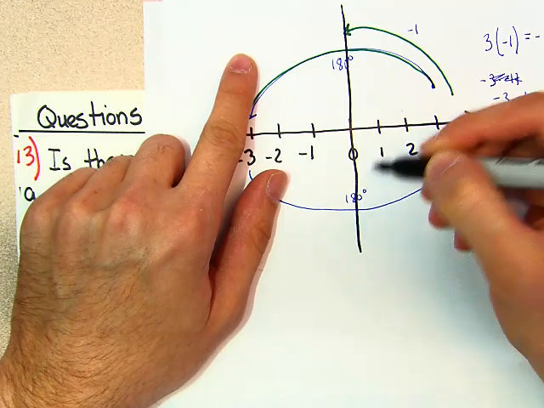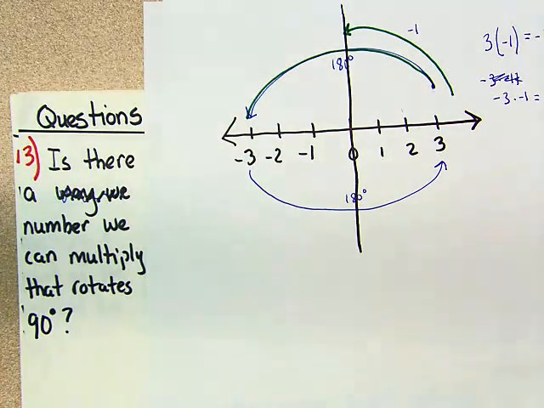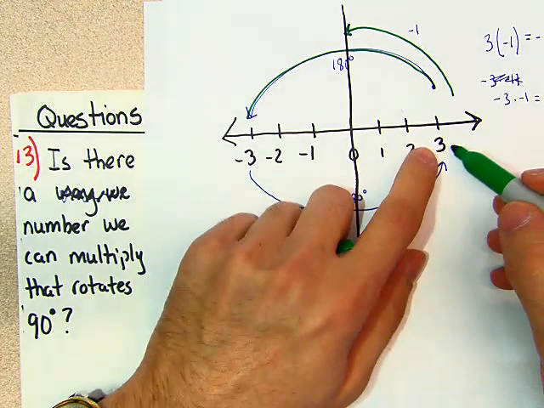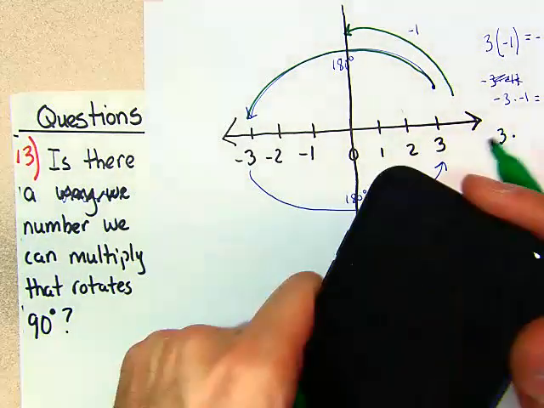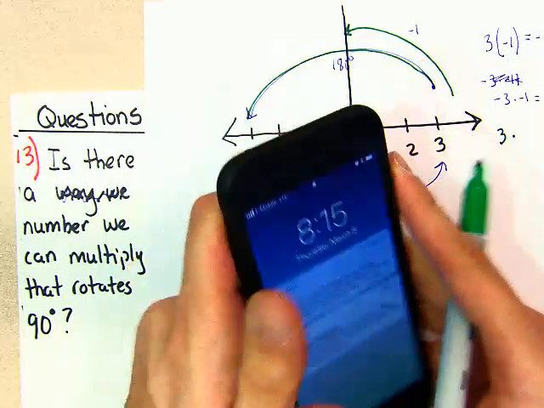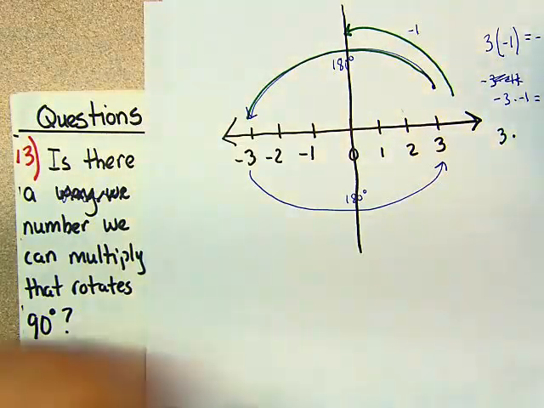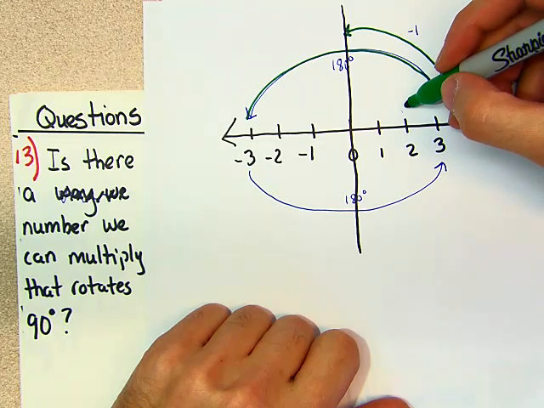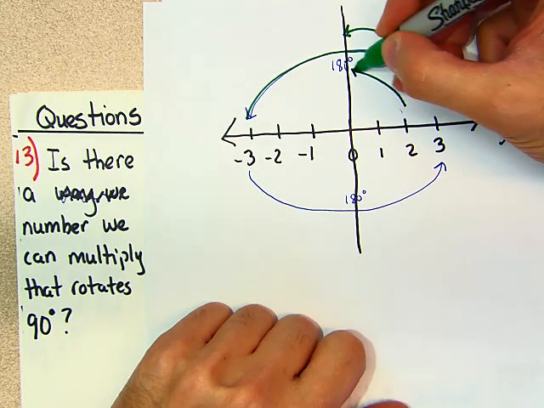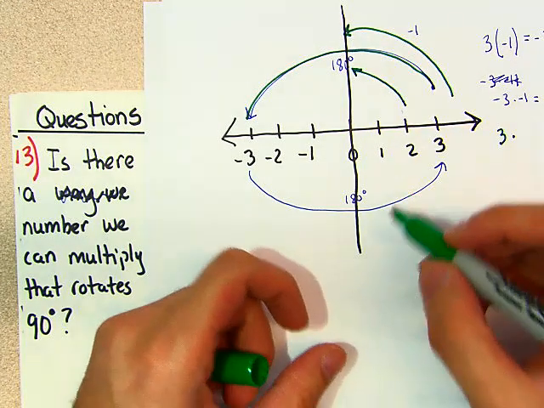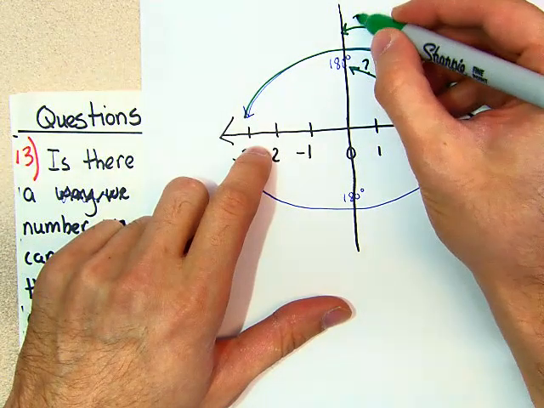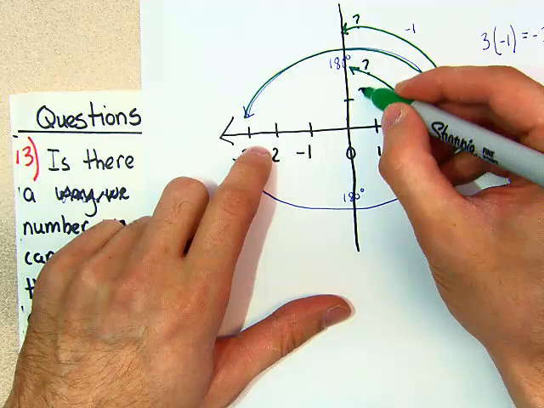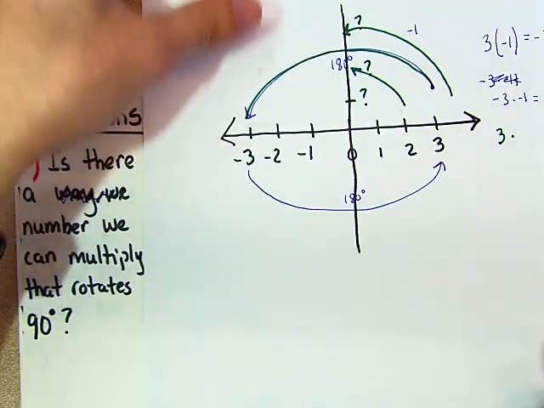When I rotate 90 degrees, like if I multiply 3 by some number, and that sound is the bell because it's 8:15 in the morning. So here, if I have 2, what number can I multiply it by to get here? We'll just write a question mark. I don't know what it is. It gets to that number.